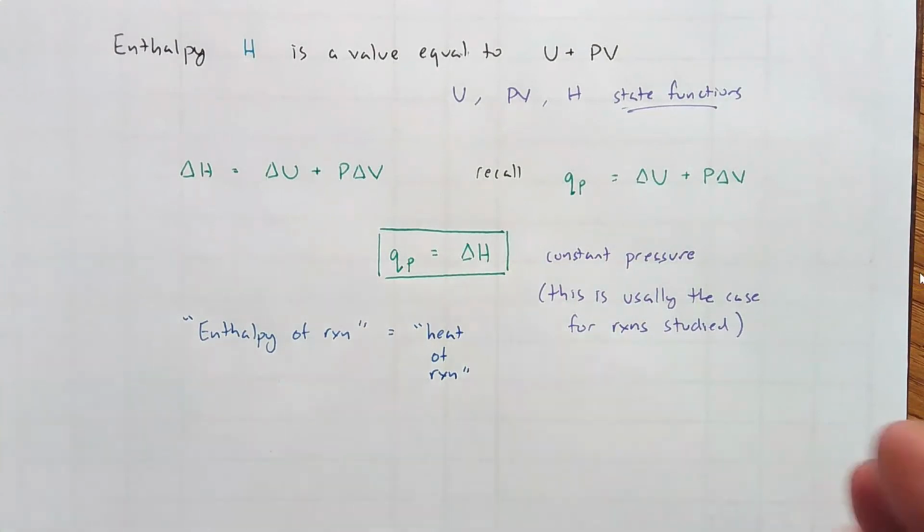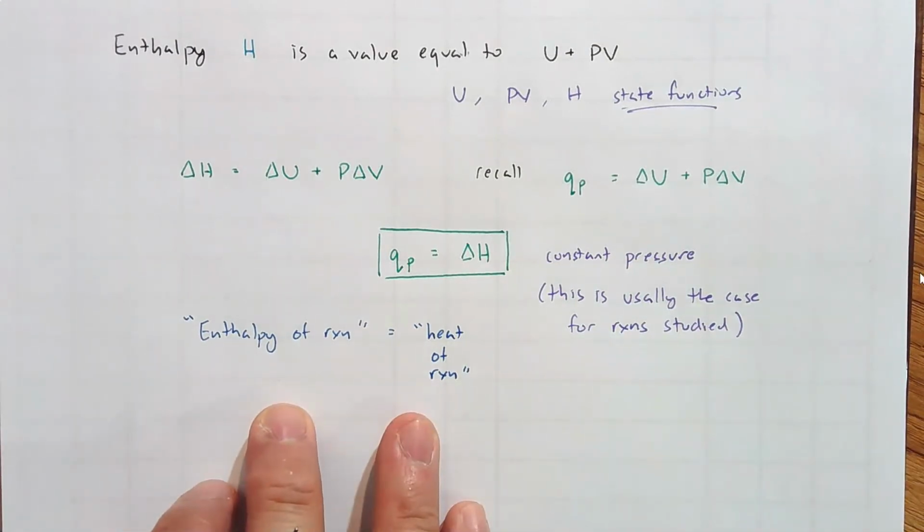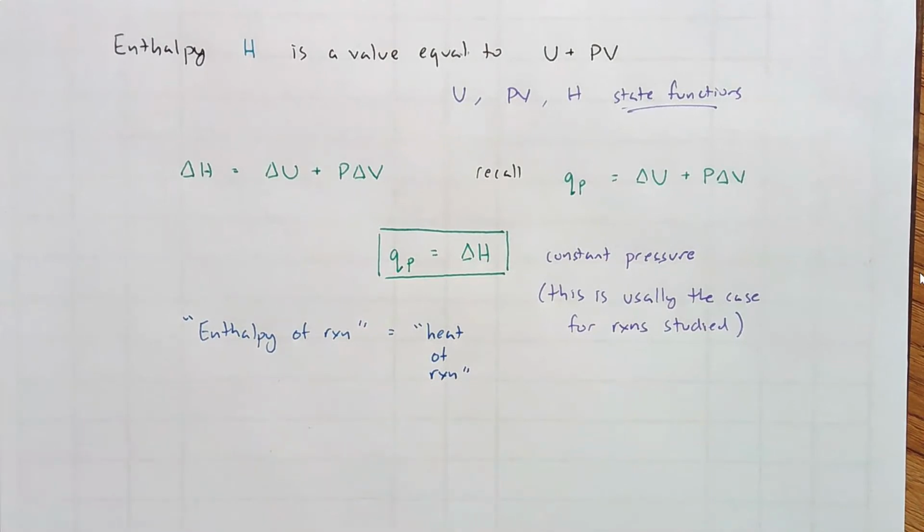For most processes that we'll study, these terms are interchangeable. When you talk about the enthalpy of, for instance, an endothermic reaction, you're really talking about the heat of that reaction, the change in heat.